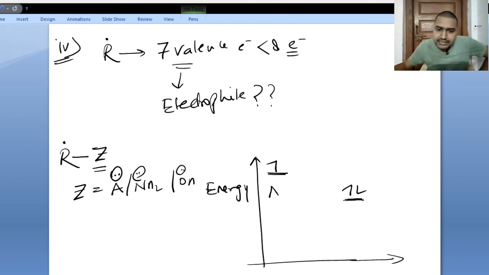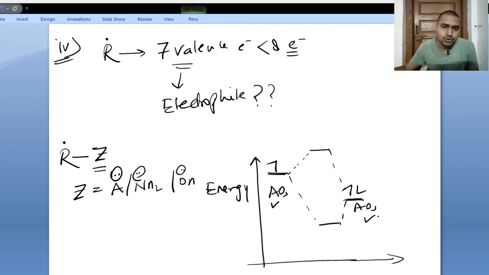Now these are atomic orbitals. With the help of MOT, we know that an equal number of molecular orbitals will be generated. If there are 2 atomic orbitals, then it will generate 2 MOs.